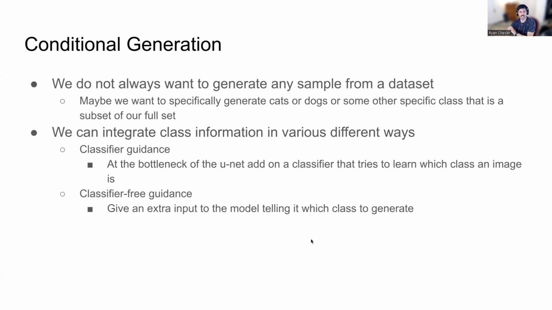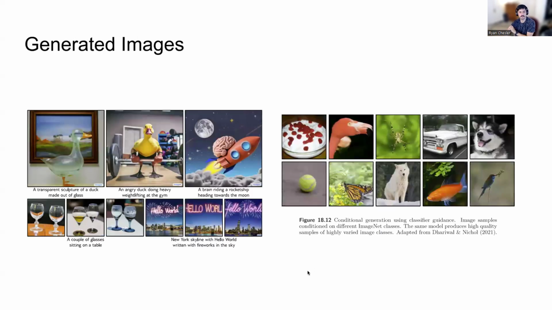I think that's it for that. Here are some examples of generated images. On the left, what they did is they took the text and passed it through BERT, and BERT gave out some embedding, and then they passed that to the model. The model is then able to generate images based on that extra input.